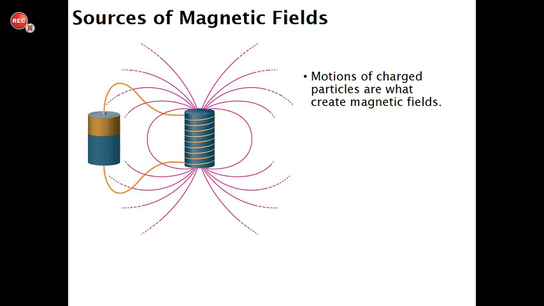What's pictured here is an electromagnet. You have a battery and a coil, and there's a magnetic field around it, and it looks suspiciously like the magnetic field of a planet or of a bar magnet. And we can explain the features of a bar magnet.